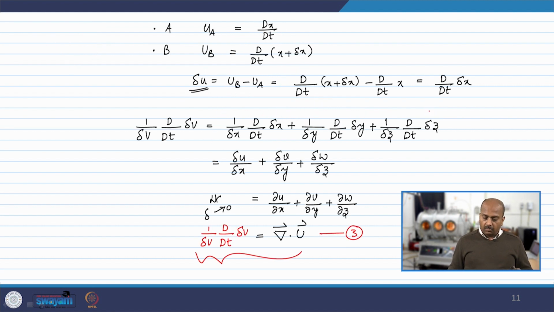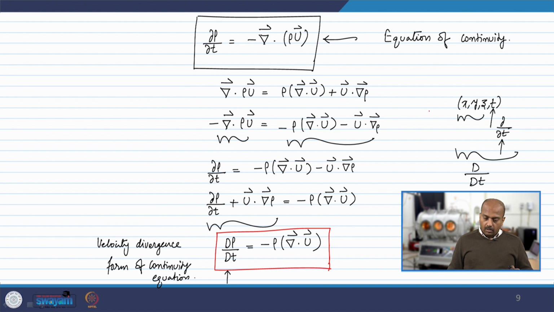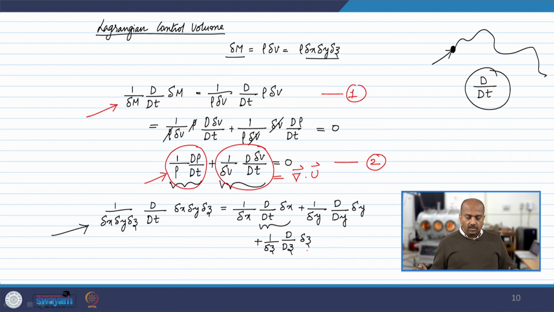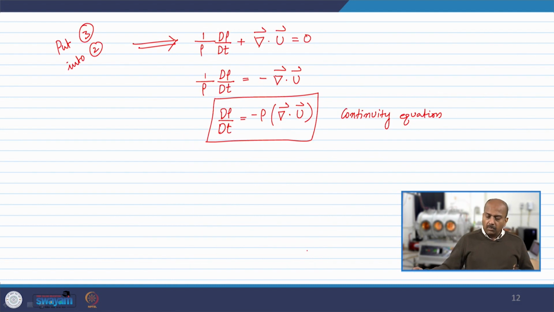Earlier we had this expression, which is the equation of continuity if it is a Eulerian control volume. Using some vector identities, we have converted that into total derivative, but strikingly these two forms, you see this capital D rho by dt is equal to minus rho times the velocity divergence. We have got the same expression using the Lagrangian approach.